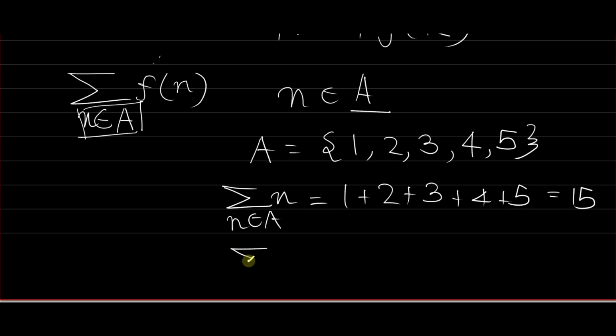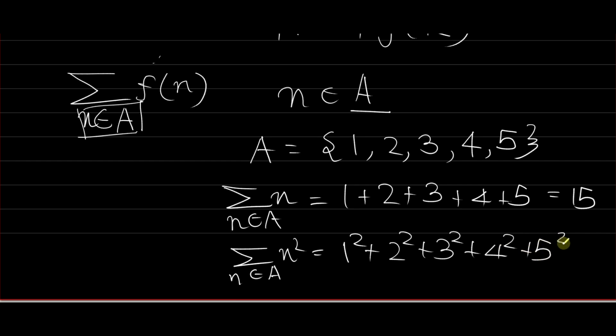What if I want sigma n belongs to A of n squared? This is equal to 1 squared plus 2 squared plus 3 squared plus 4 squared plus 5 squared. I'm not going to write the sum, you can do it yourself. Basically, this iterates through all the values of the specified set, which is A in this case, and maps them through the function we have specified. In the first case it's the function n, in the second it's n squared, and it works for every function we specify.